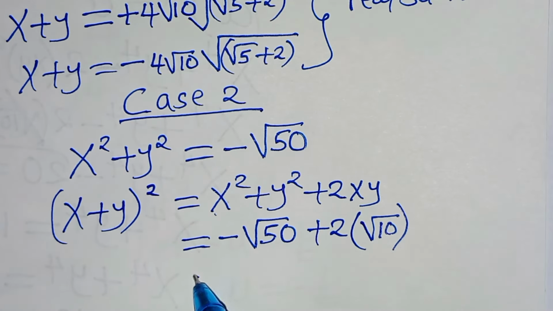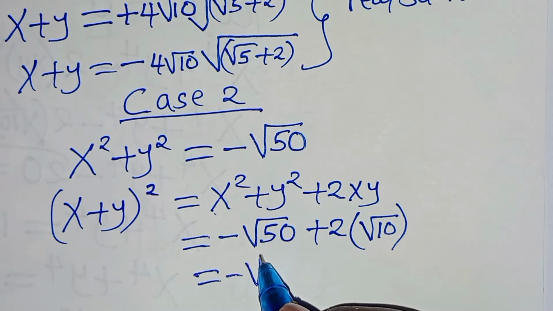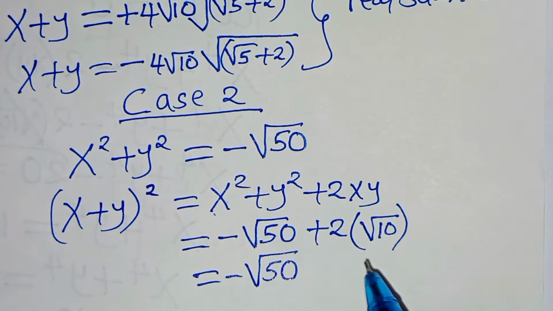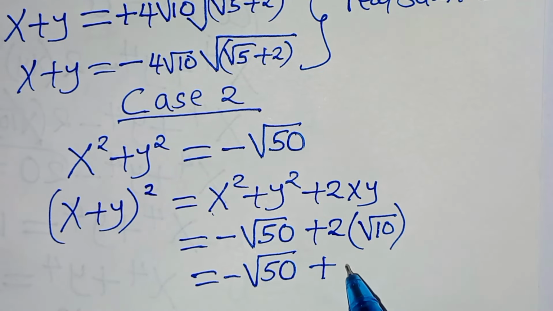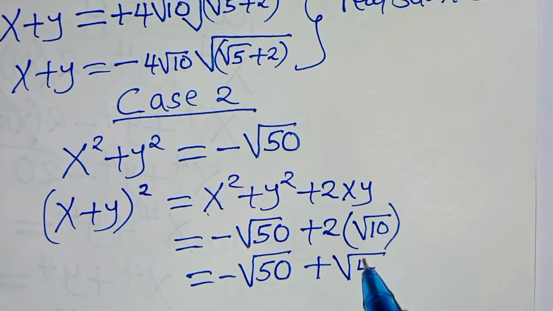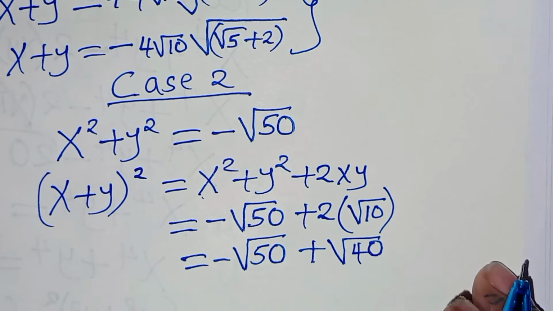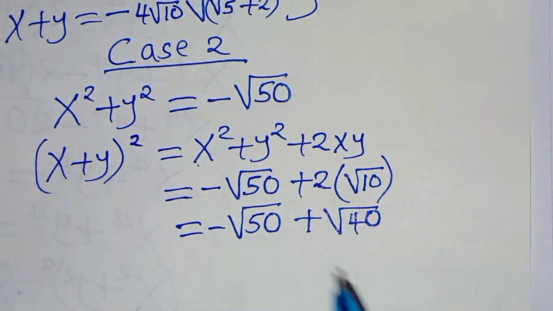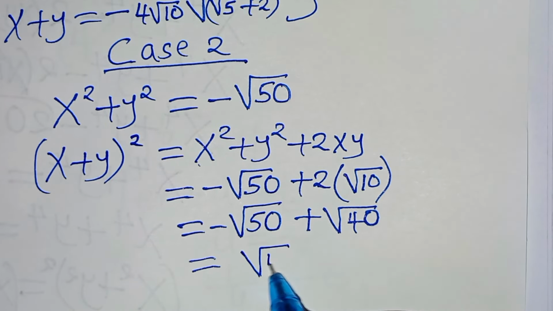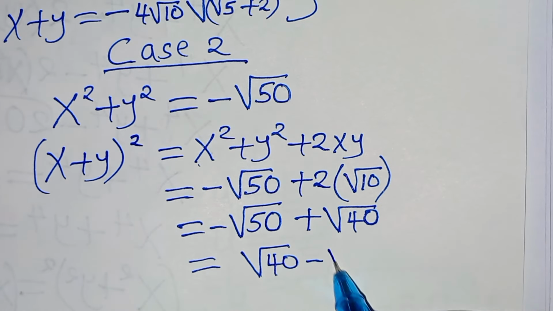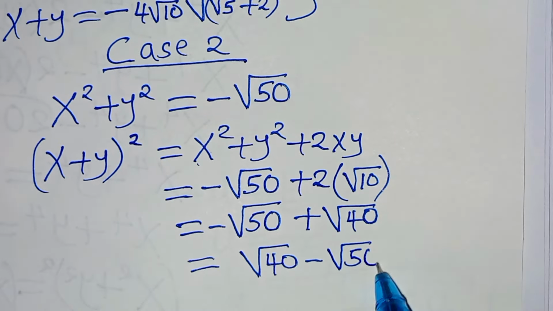So this implies that here we have negative root 50, then plus 2 square root of 10, which you can express as square root of 40 from here. And you find that this is the same thing as root 40 subtract root 50.